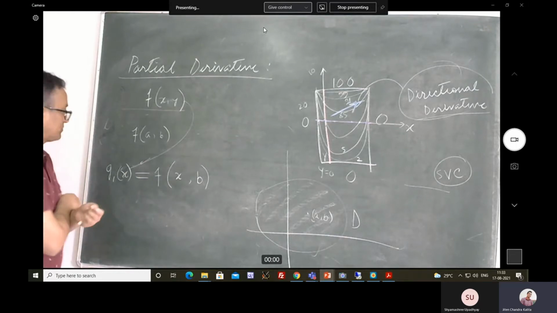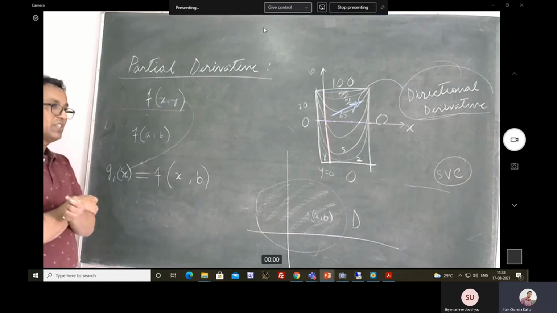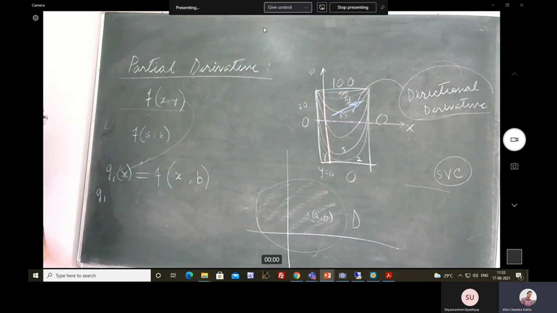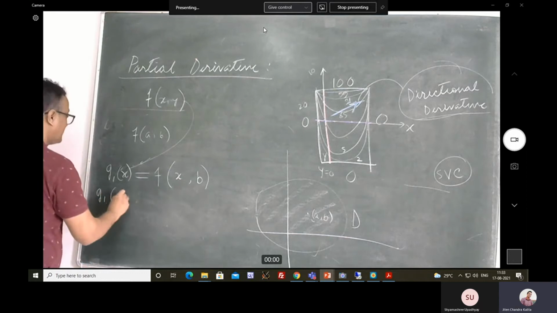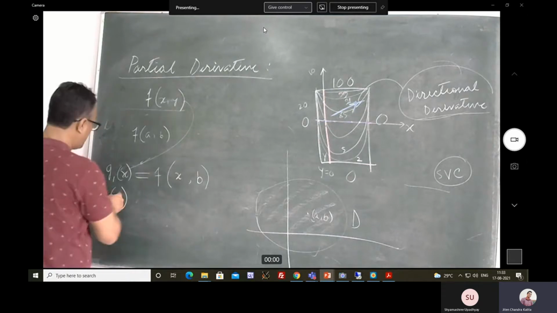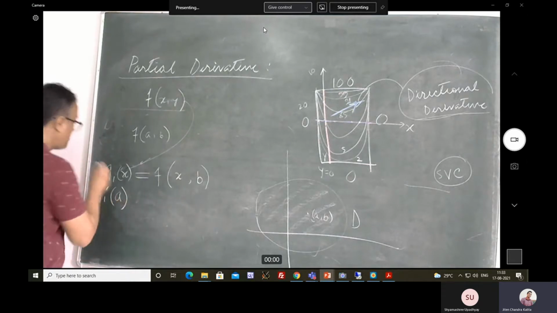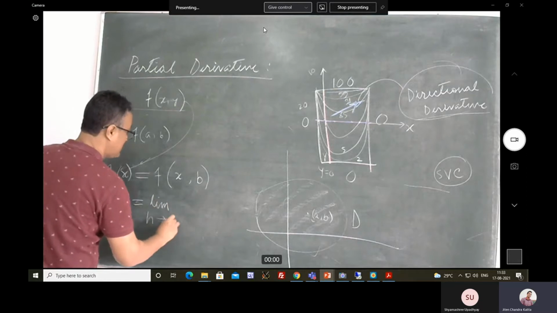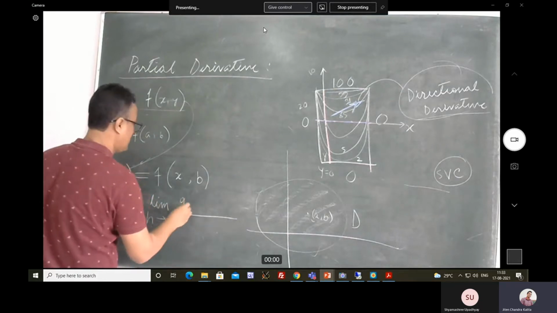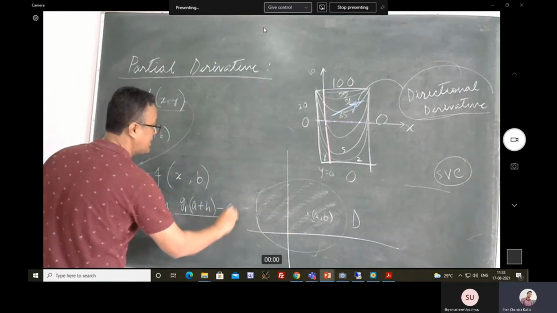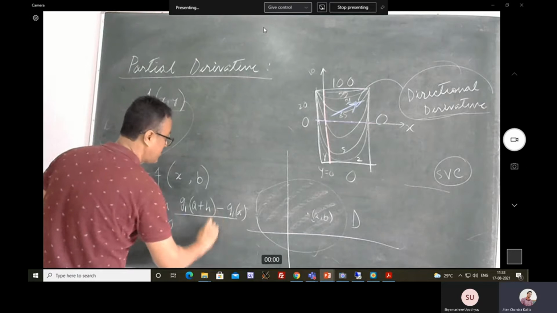So now if I want to consider the derivative of this function g1 at the point a with respect to x, then g1'(a) is simply going to be limit h tends to 0 of (g1(a + h) - g1(a)) divided by h.